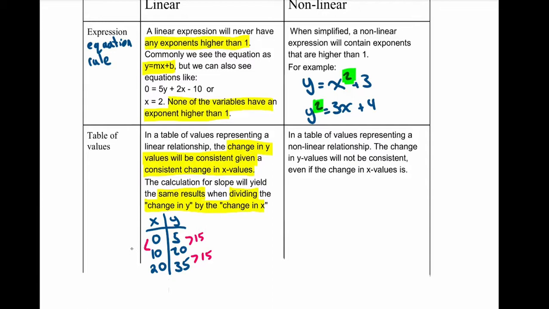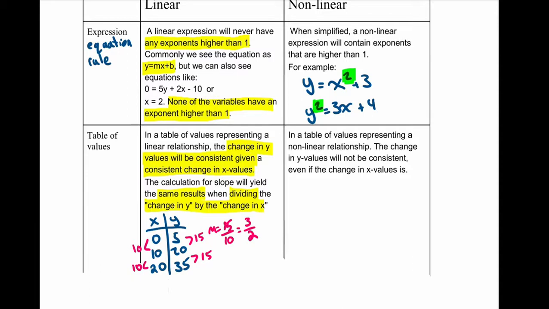The change in x, I'm going up by 10 every time. So the change in x is consistent, the change in y is consistent. So if I do my m value, 15 over 10, or 3 over 2, I'm always going to get 3 over 2 in this case, regardless of which 2 points I look at. So this table would represent a linear relationship.